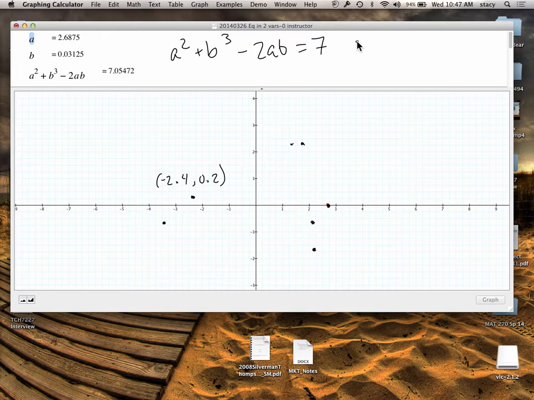So when I look at this point, negative 2.4 comma 0.2, what do I know about this x and y coordinate? How did I come up with it? How are we finding these points?